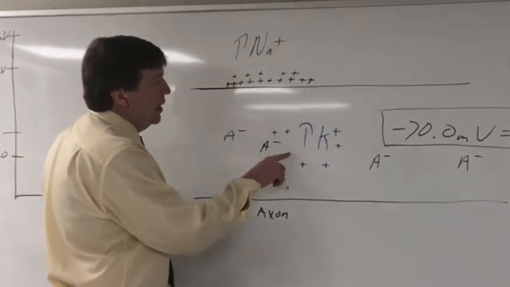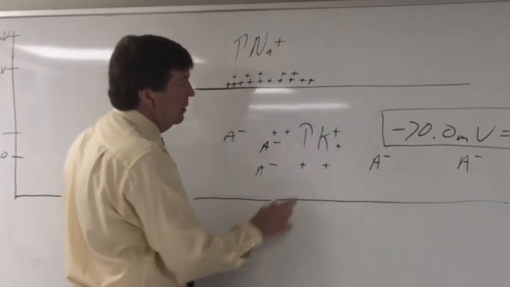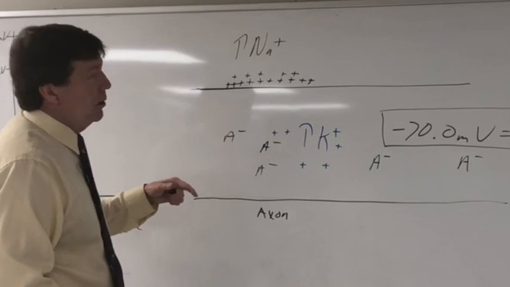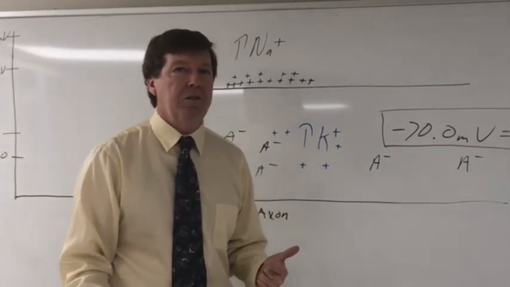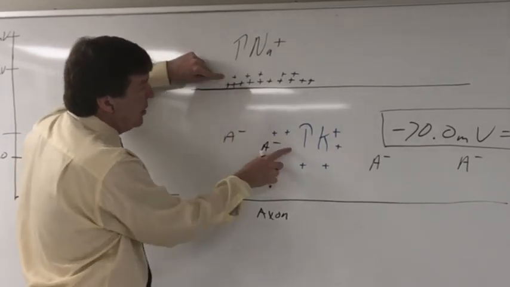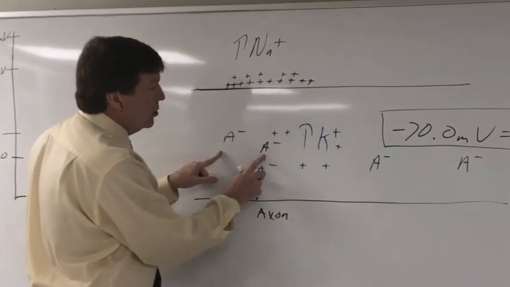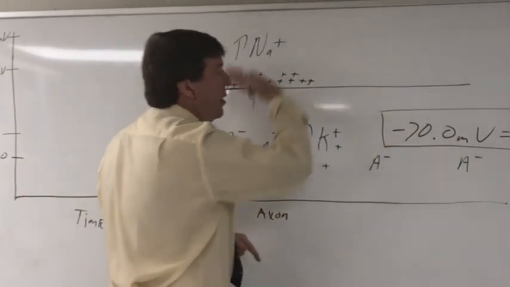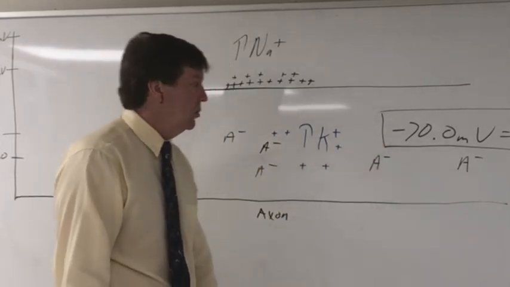Notice on the inside of the axon we have high potassium in a different color. Note that there is a potential difference there in charges. Even though they're both positive charges, there is a difference in charge here, more positives here than in here. Also note the negatively charged anions. Sum all this up and the potential difference is approximately negative 70 millivolts.